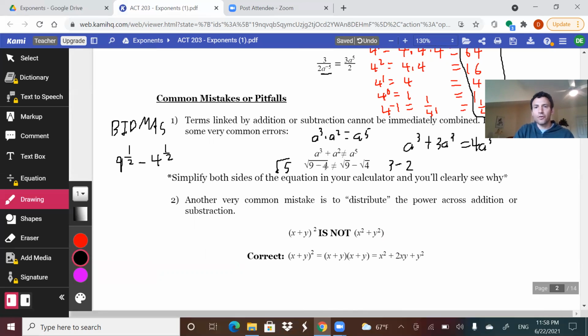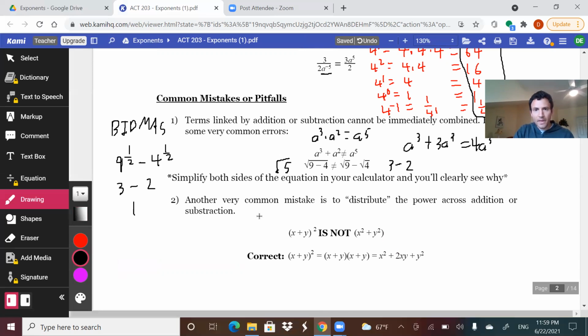Well, you can't subtract and then apply the indice or exponent, right? You have to apply the indice or the exponent first. So 3 minus 2, and then you subtract.